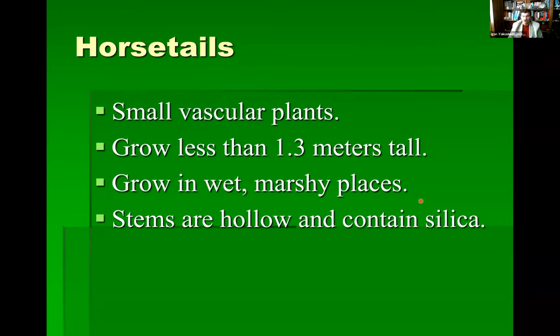A, to reinforce the stems. Remember, stems are hollow. B, those tiny little bitty pieces of silica, which we already know as glass, SiO2, will make them less edible by any kind of herbivores.